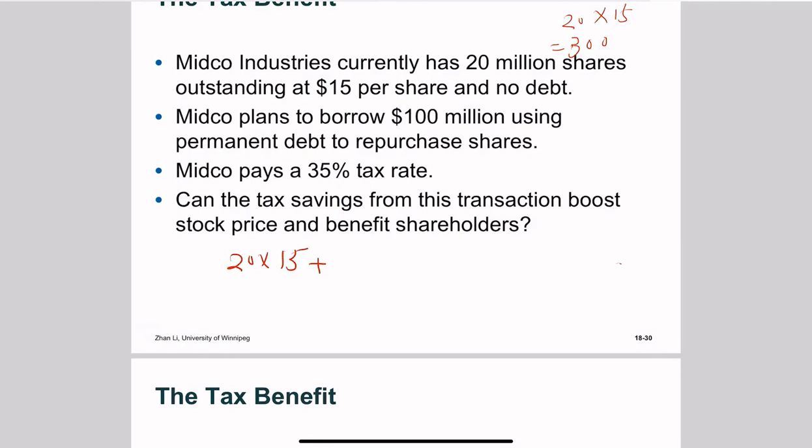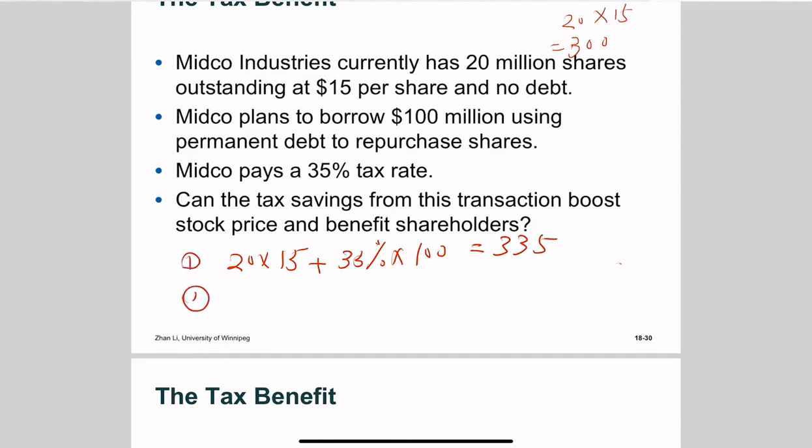We learned if the firm has permanent debt, the present value of its interest tax shield is given by corporate tax rate times permanent debt. So in the end, the firm's value would be increased by 35% times $100 million of debt. So this is $335 million. You can consider this as the first step.